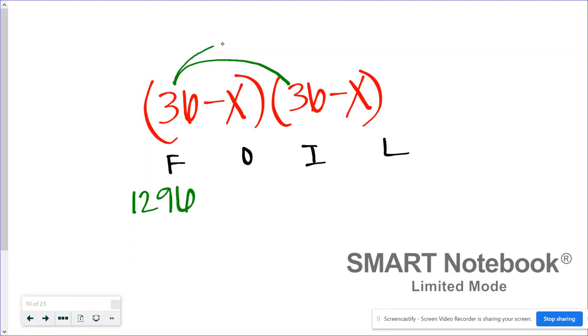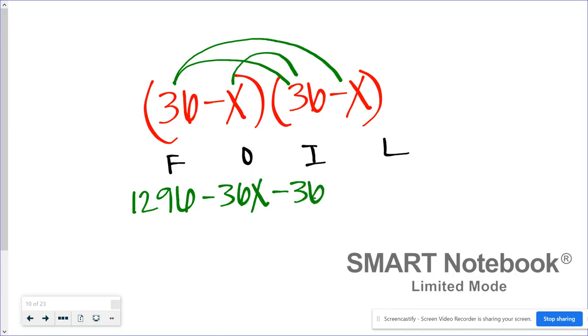O is for the outside terms. So that would be 36 times negative x, so negative 36x. I is for the inside. So negative x times 36 is negative 36x. And L is for last. So negative x times negative x is positive x squared. I can combine like terms, and that would just be these guys in the middle.